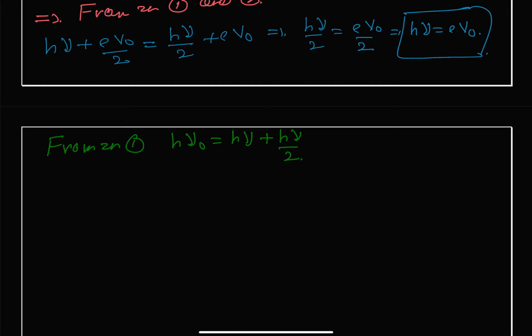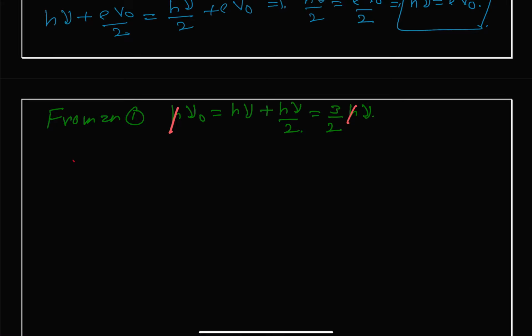This gives us 3 by 2 h nu, and h and h cancels out, therefore we get our stopping frequency is equal to 3 times nu.